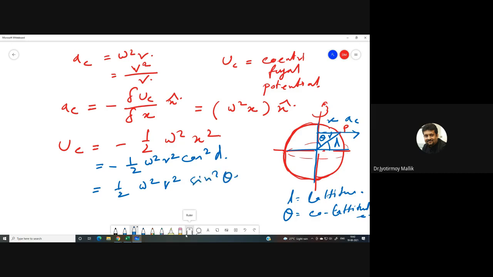So this is how the centrifugal potential is defined with respect to the latitude. Remember this equation. We will use it for our purposes later on.